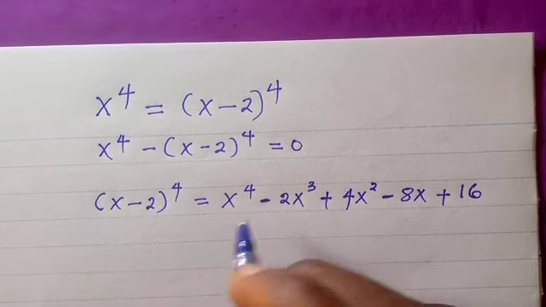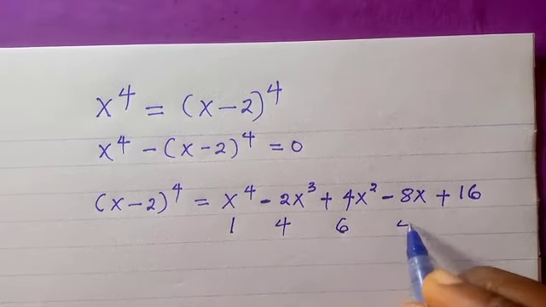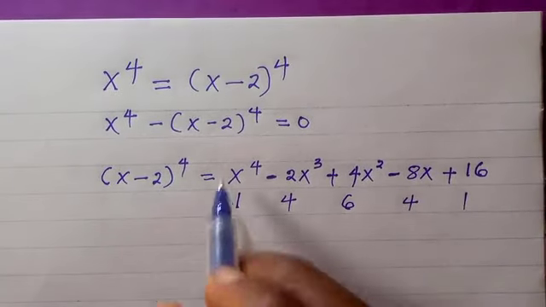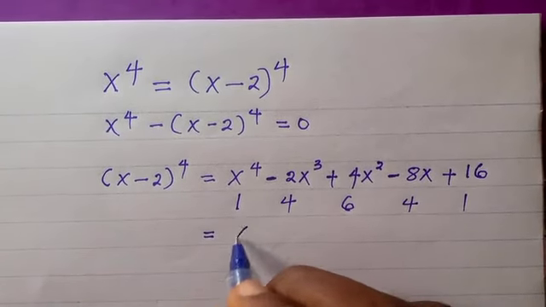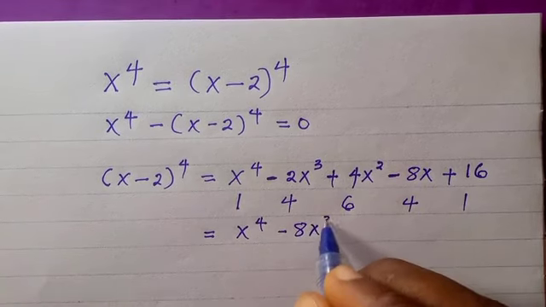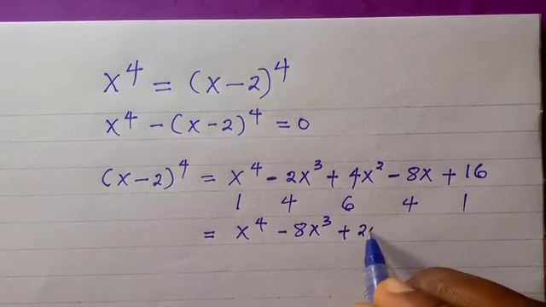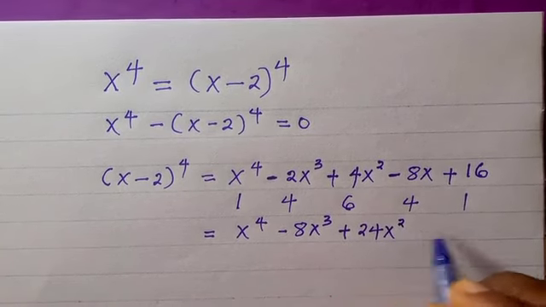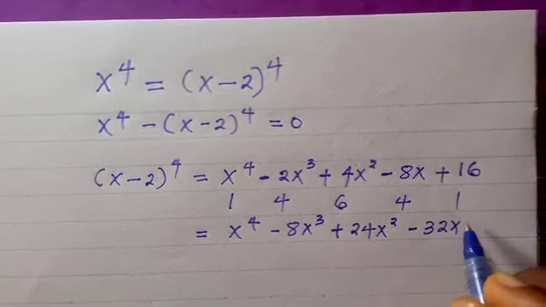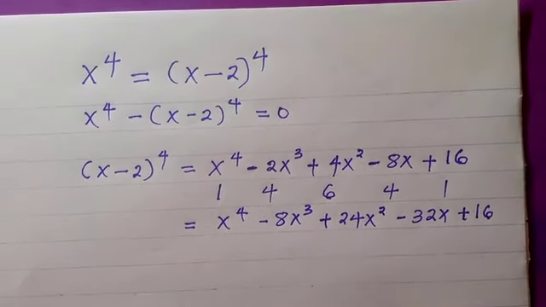For the power of 4, we have 1, 4, 6, 4, 1. So let's try to multiply it. We have this as x to the power 4 minus 8x to the power of 3 plus 24x squared minus 32x, and the last one is plus 16.